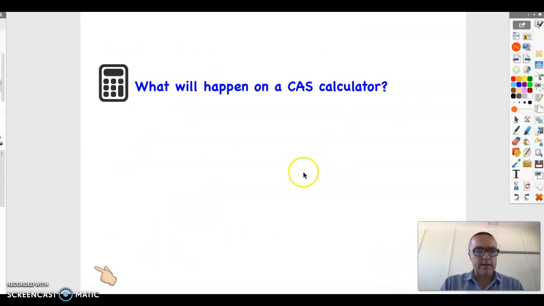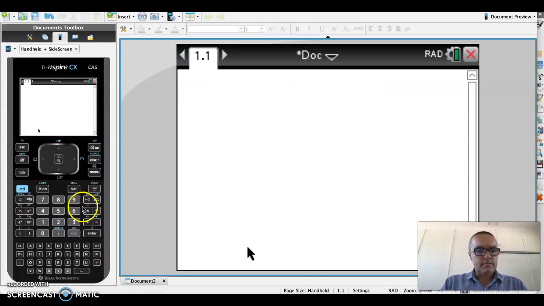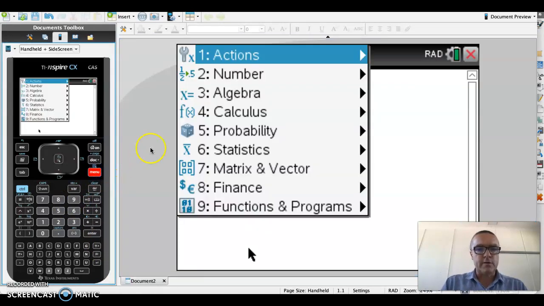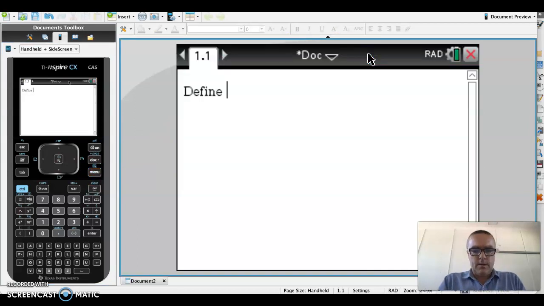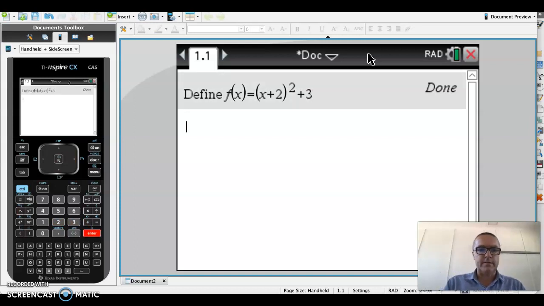Let's have a quick look at the CAS calculator and see what would happen if we tried to use the CAS calculator to find the rule for the inverse. So I'm going to start by defining the function. Our original function was f of x equals (x plus 2) squared plus 3. Define that function.